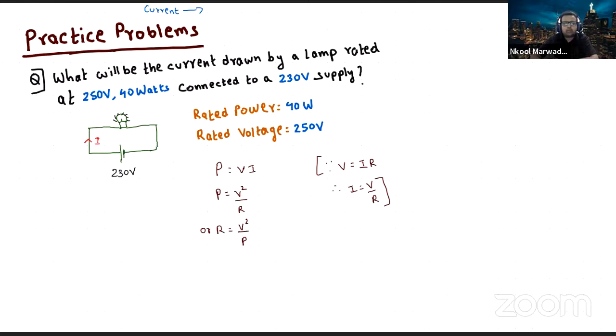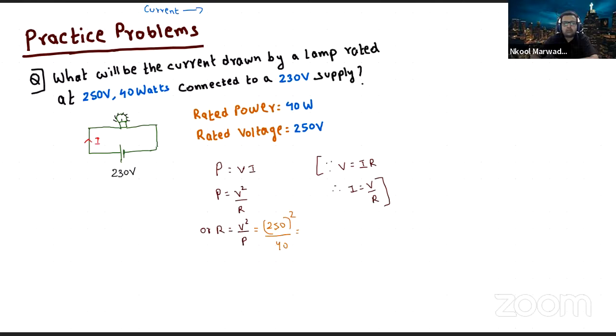And if I put it, what is V? 250 square. And what is P? 40. I will calculate the resistance offered by the bulb.